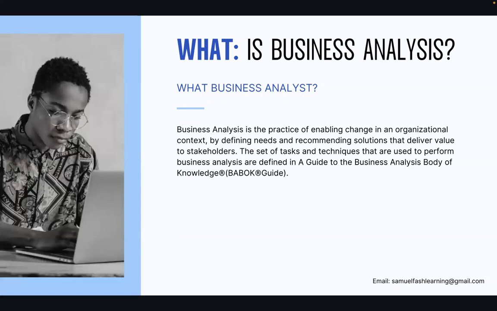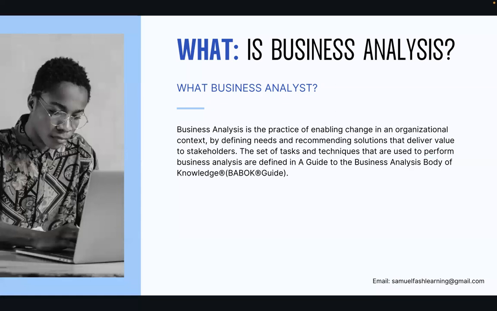Now let's switch a little bit back to what is a BA, or business analyst. A business analyst is just a title. A systems analyst can be a BA. A product owner can perform the work of a BA.